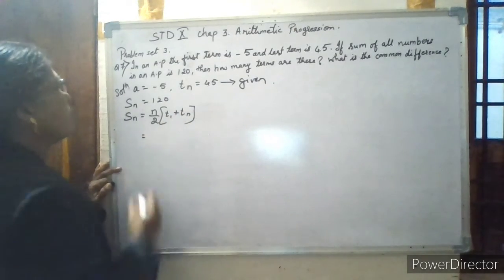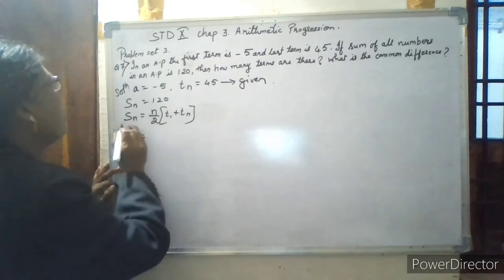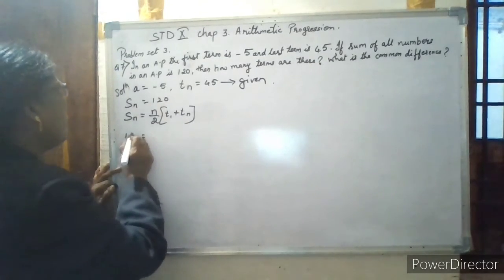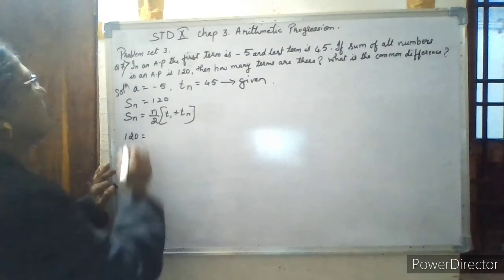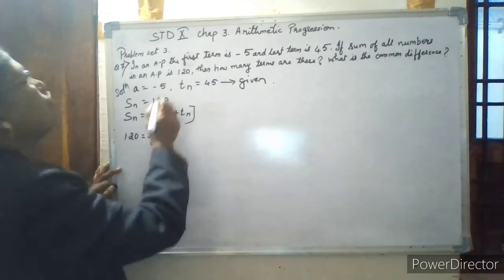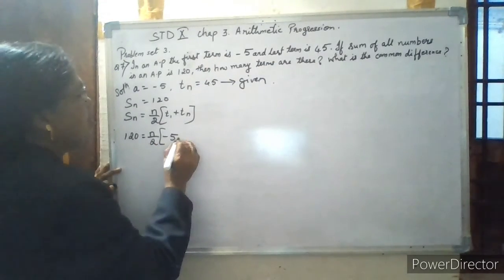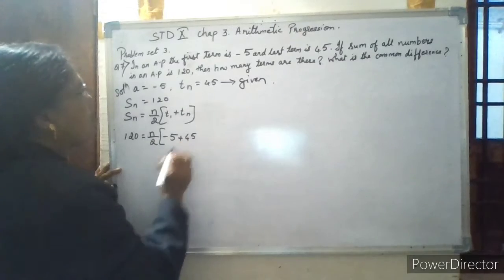Here we don't know n, but we know the sum of n terms is 120. So 120 is equal to n by 2 into first term minus 5 and the nth term plus 45.